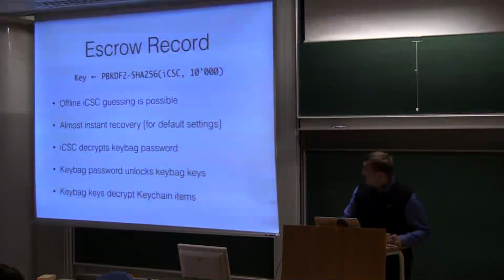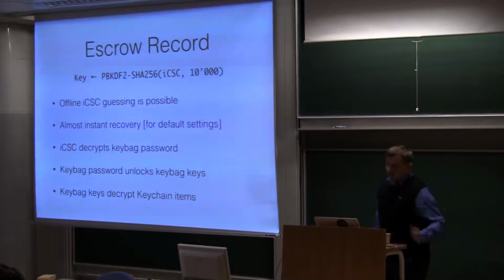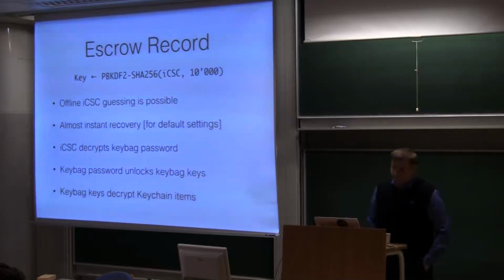And here's how. If you're Apple or anybody with a similar level of access, you can get the data, and you can run offline guessing on the iCloud security code. Since there are only 10,000 possible simple security codes, the attack will be almost instant and always successful.